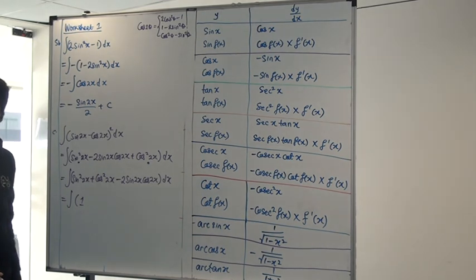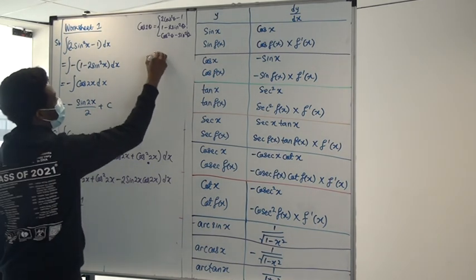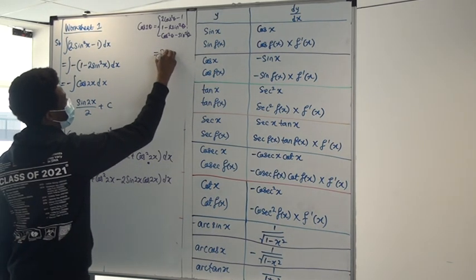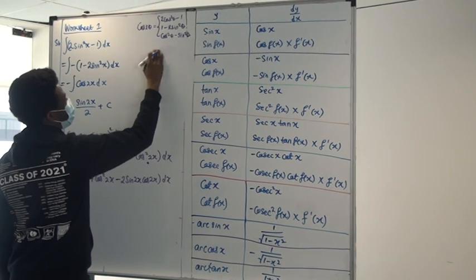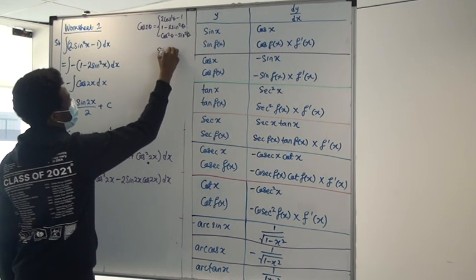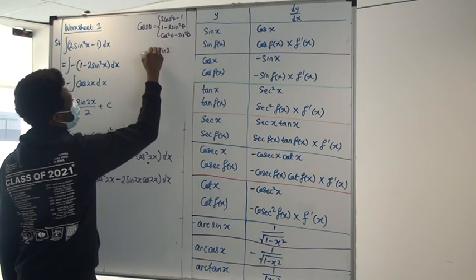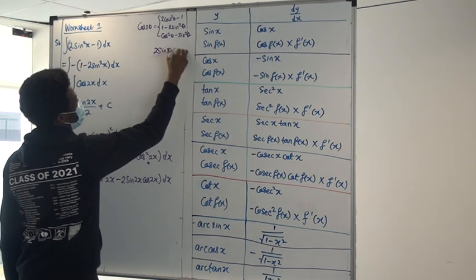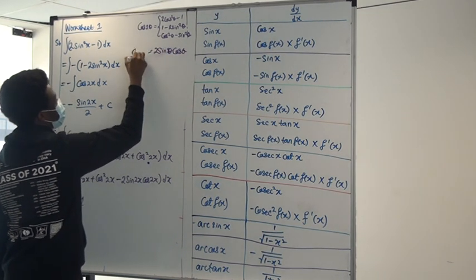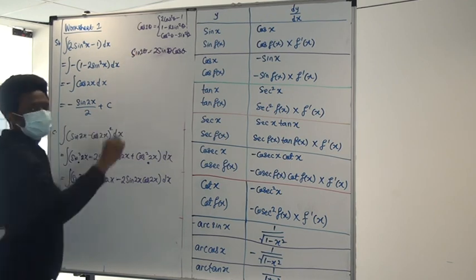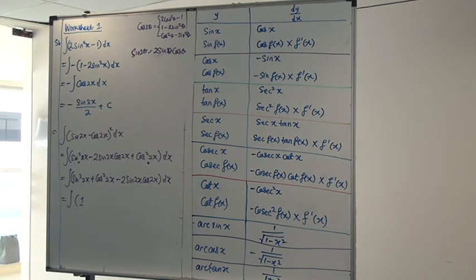What is 2 sine theta cos theta? 2 sine theta cos theta gives what? Sine 2 theta. This is the double angle for sine.